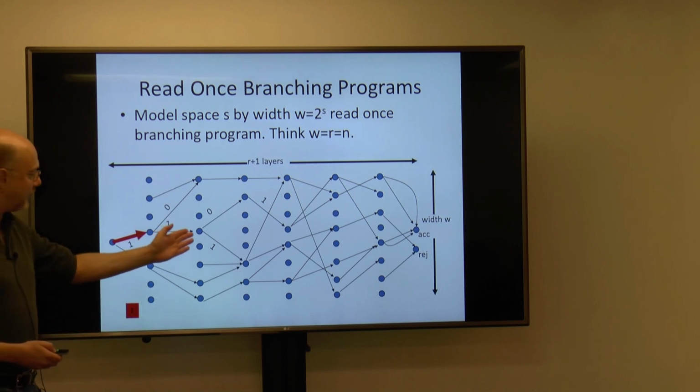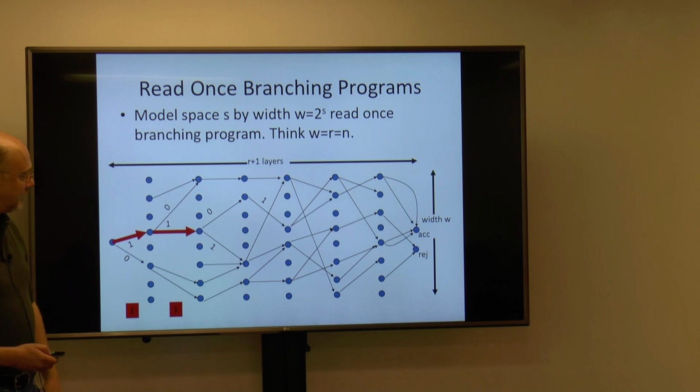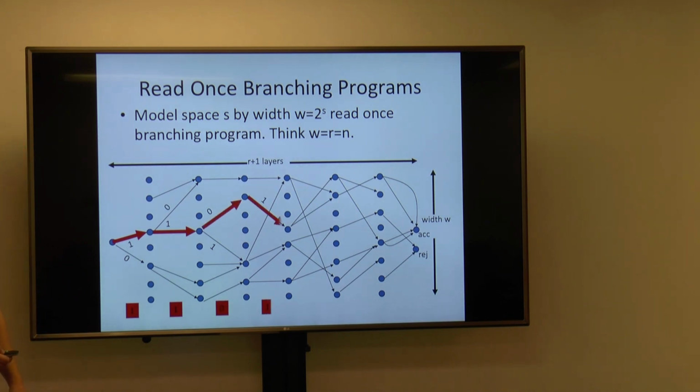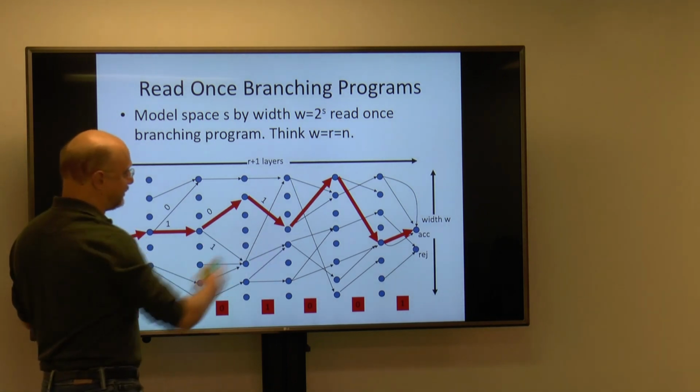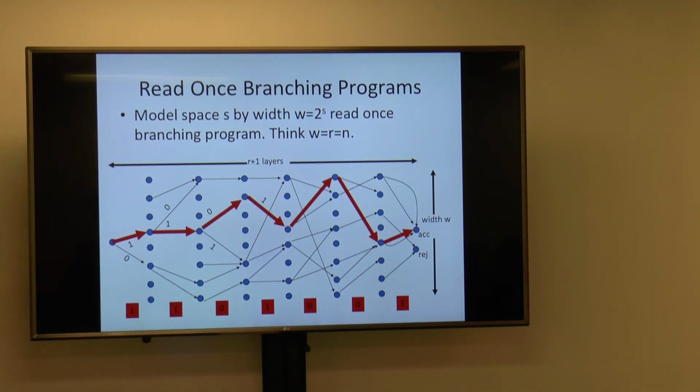Then it goes along, and when it needs another random bit, maybe it moves into this configuration, etc. This is the way that the randomized space-bounded machine computes. So as a mathematical problem, we're just going to restrict attention to such graphs. Of course, if there are any questions, feel free to ask.